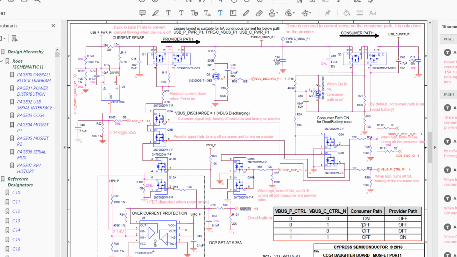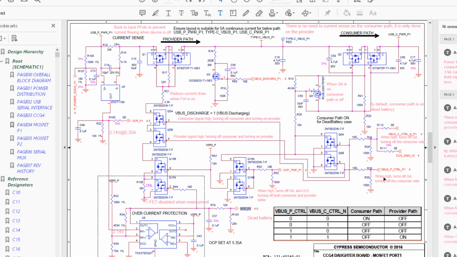And this makes sense because the consumer path goes to here, goes to this FET. And so this is 0. So this FET is off. That's fine, not a problem. And it goes into here, goes into here, goes into here, and turns off this FET. So we know we're not going to be in the provider path because this is off.